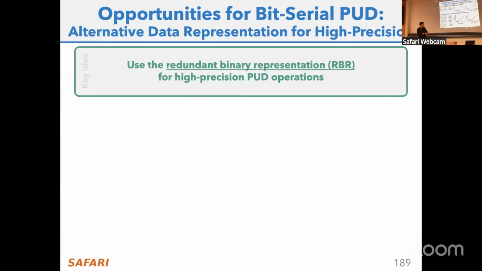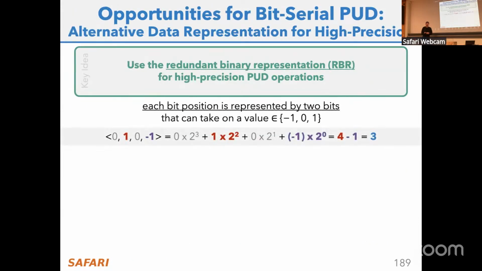So to solve this issue, we need to move from the standard two's complement data representation format to other representation formats that do not carry this carry propagation across arithmetic operations.